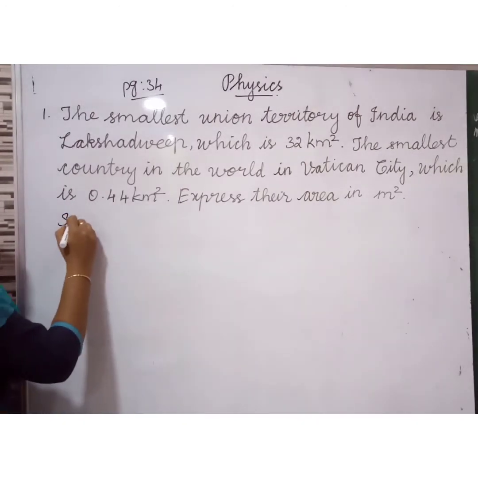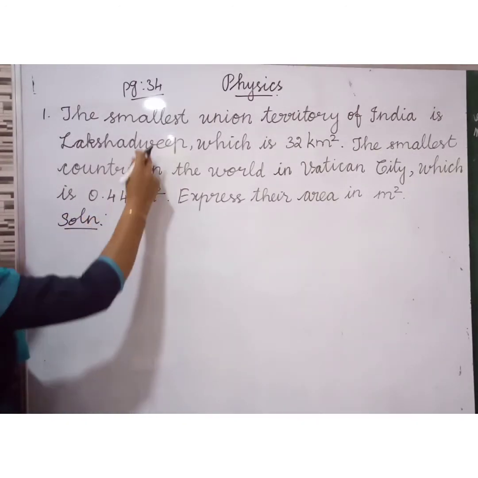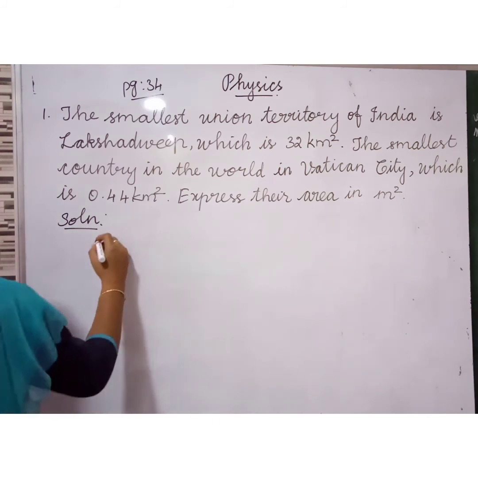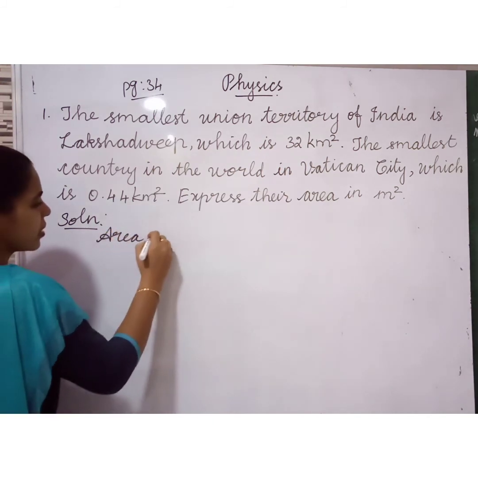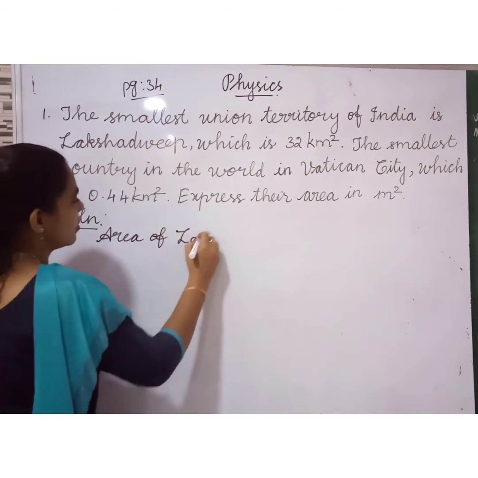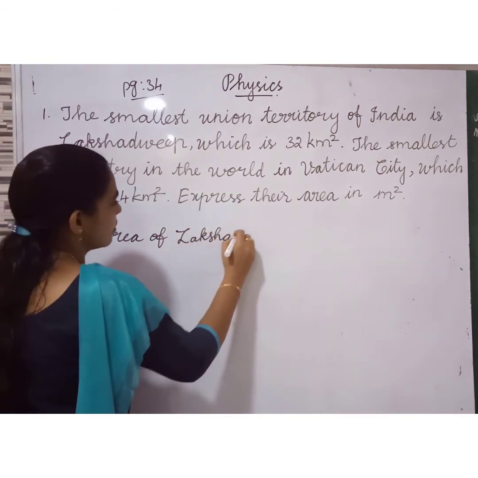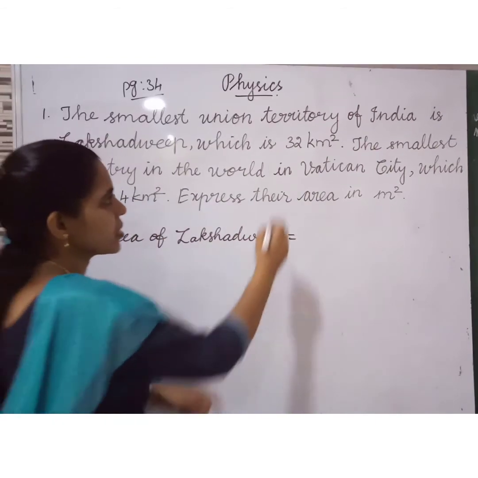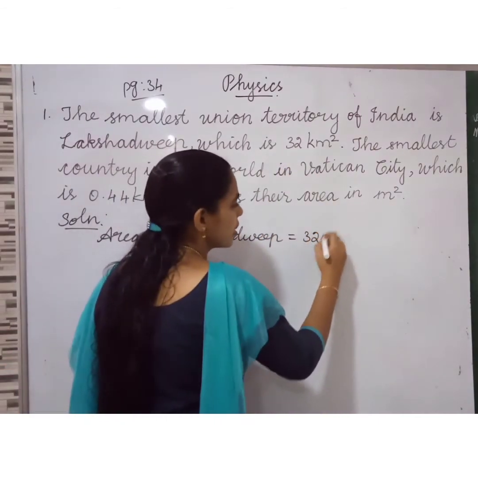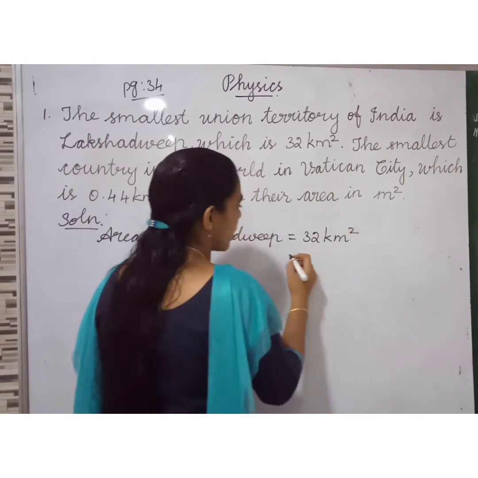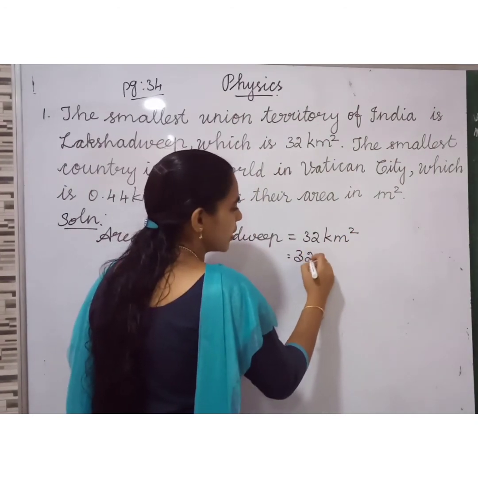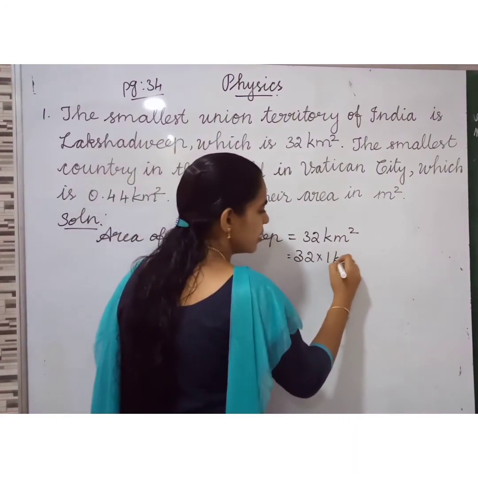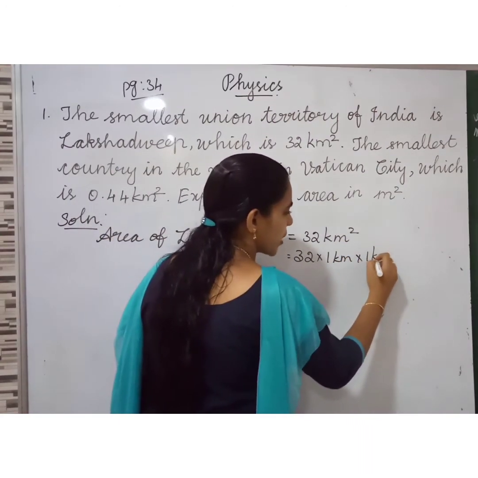First, we have to write Lakshadweep. The area of Lakshadweep is equal to 32 km square. Listen here, 32 into 1 kilometer into 1 kilometer.